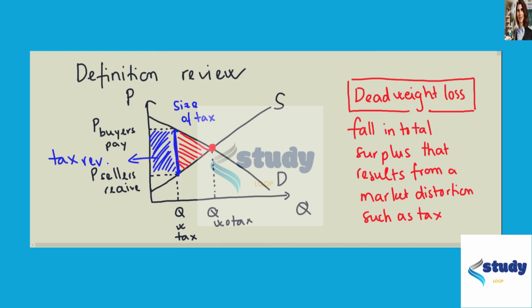The area of this triangle is decided by the size of the tax and the reduction in quantity. The size of the triangle will depend on the elasticity of the supply curve and the demand curve.